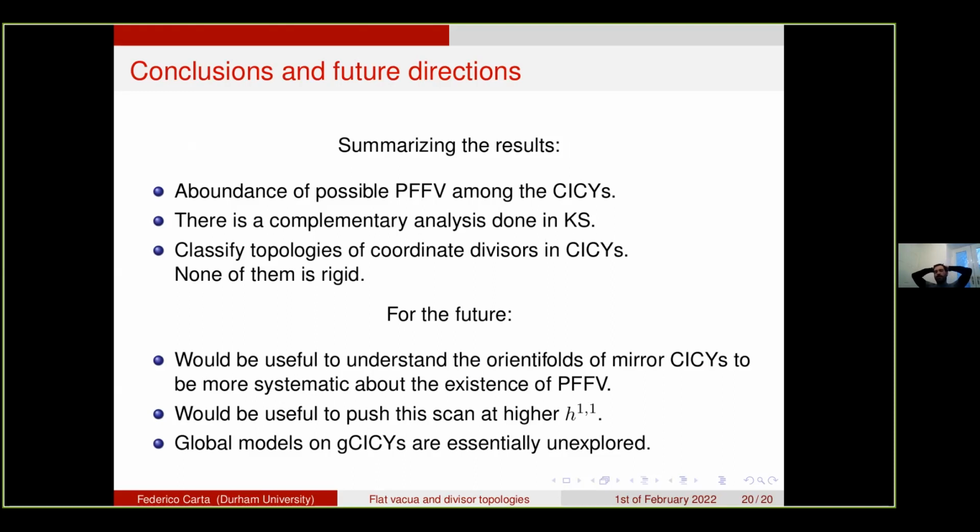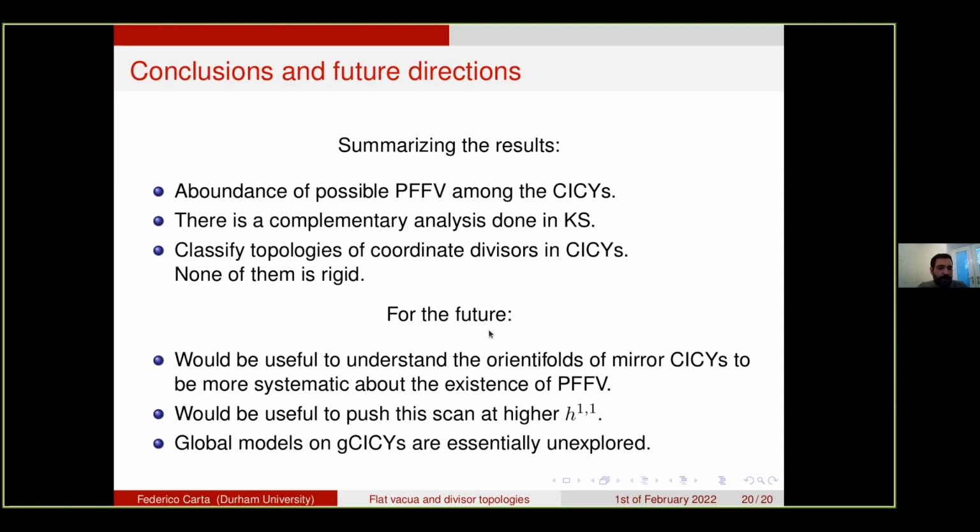We also do a complementary analysis in Kreuzer-Skarke, still at H11 equal to 2, and I didn't have time to talk about it, but you can find the paper on arXiv if you're interested. We are actively working on pushing it to higher H11 in both databases. And then we also classify topologies of coordinate divisors in the CCs, finding that none of them is rigid.